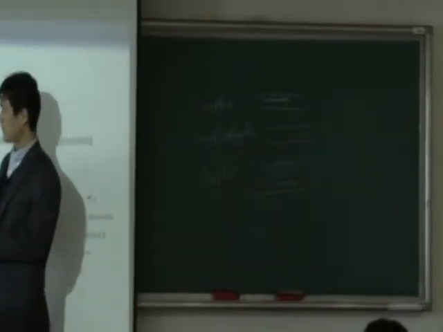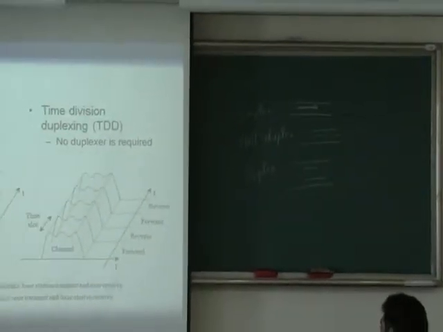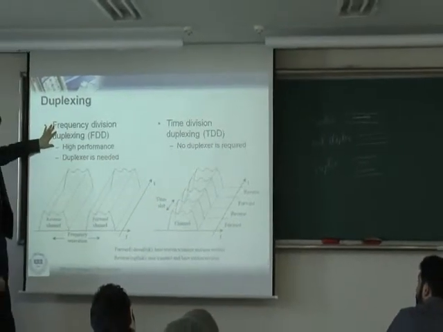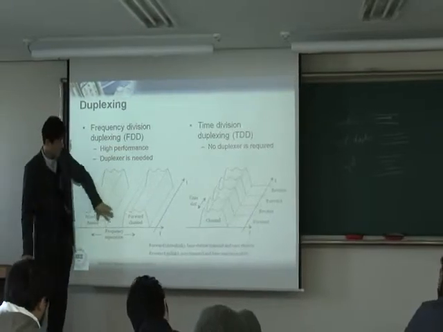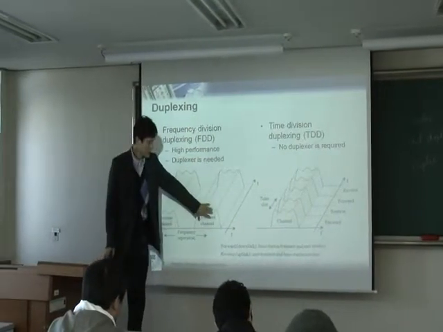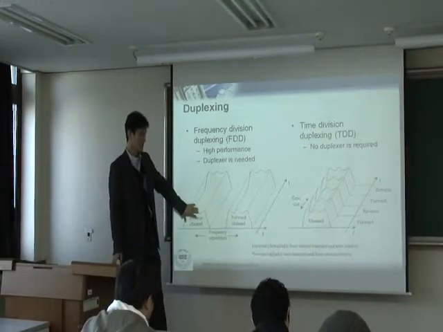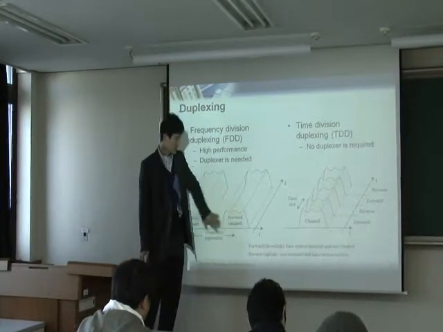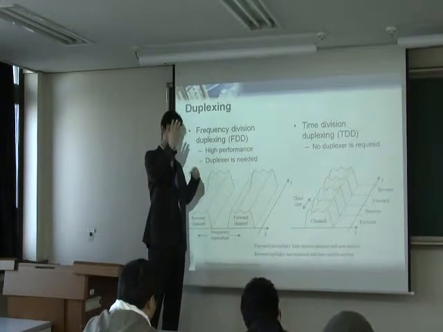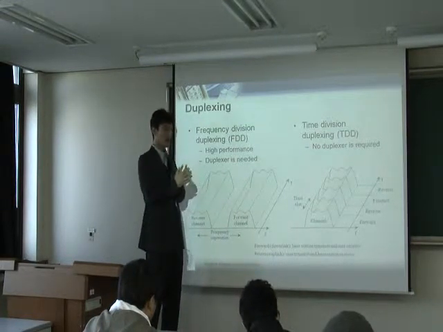Now then, there are 2 different ways. Simply the frequency division multiplexing. What that means is, here's a reverse channel, a forward channel, but this one actually is the same as the downlink channel and uplink. Okay? Some people call that downlink and uplink in the cellular system, right?